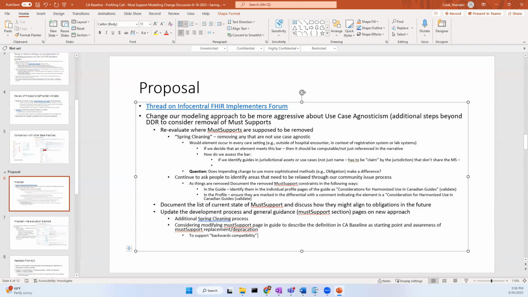FHIR profiling here with must support. If you really still would like to take this concept into your implementation, we provide some scenario-based, use case-based examples, for example, to facilitate all those use case implementers.